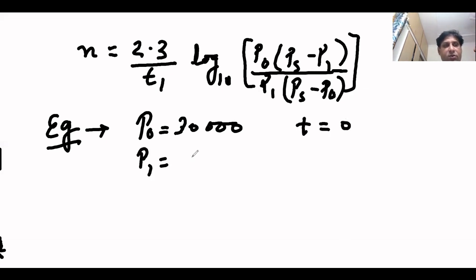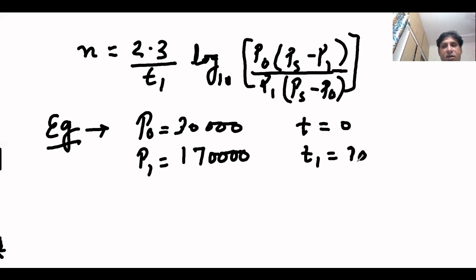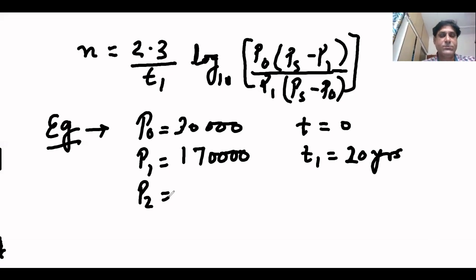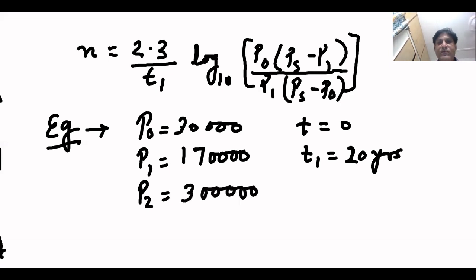Then P1 is equal to, say, 1,70,000 at T1 equal to 20 years, and say P2 is equal to 3 lakhs at time slot equal to 40 years, right?